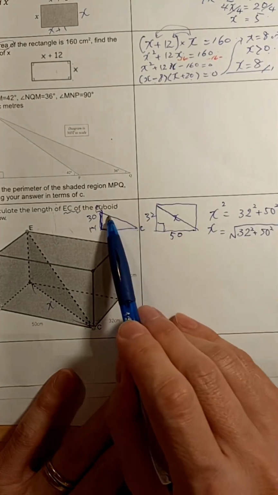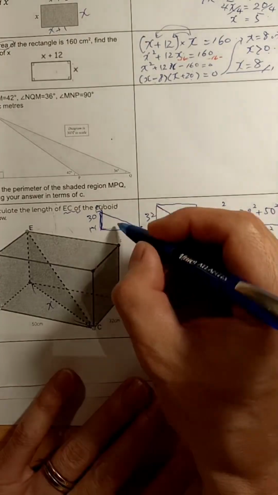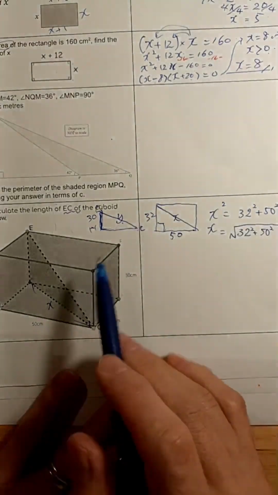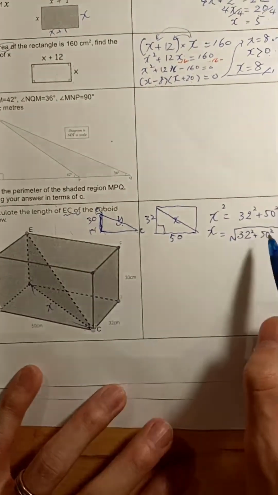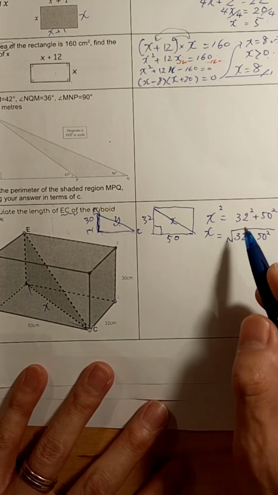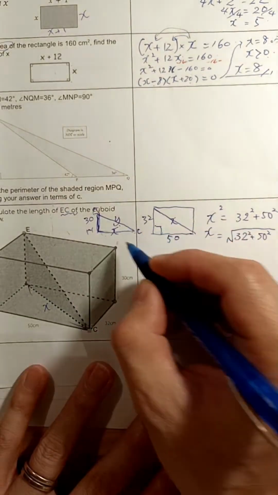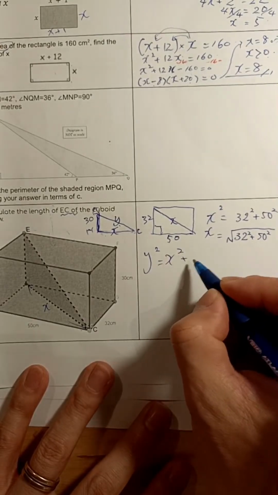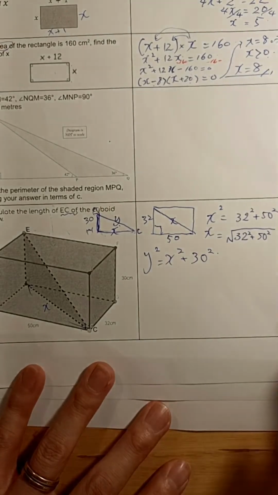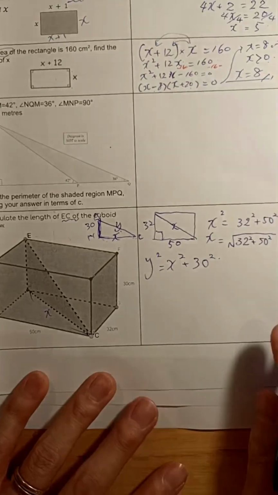Your goal is finding this length. Let's say y here, okay? This length. So if the bottom length is x, y squared is x squared plus 30 squared, isn't it? Height is 30.